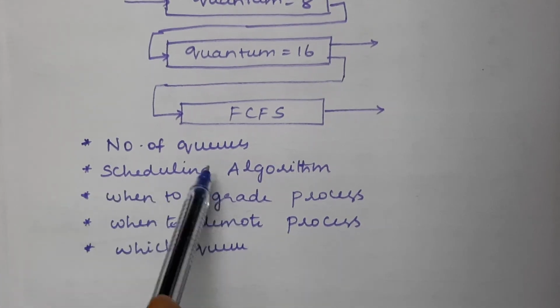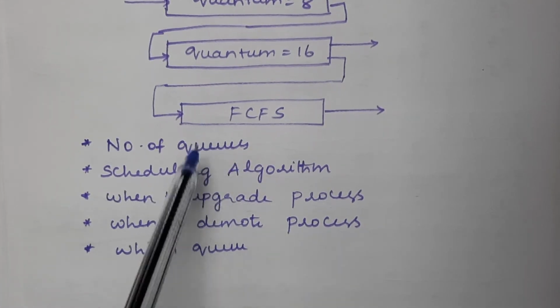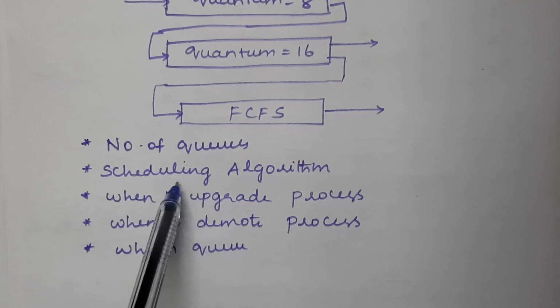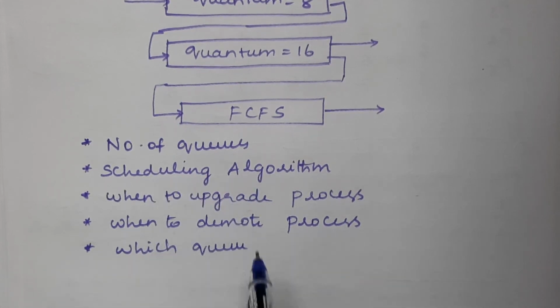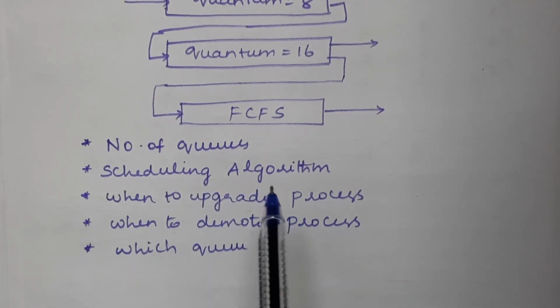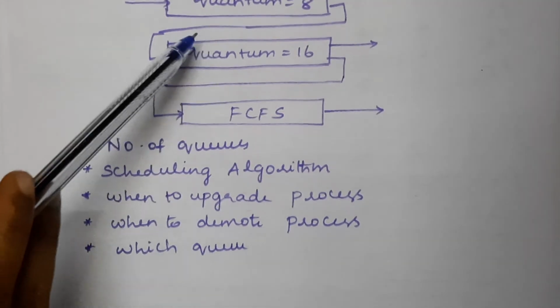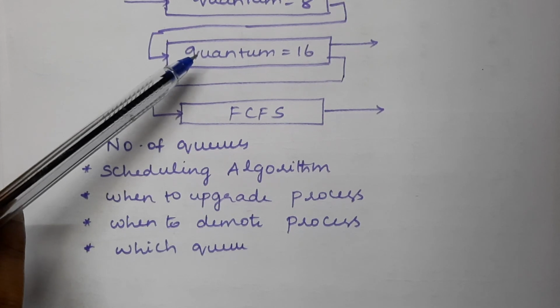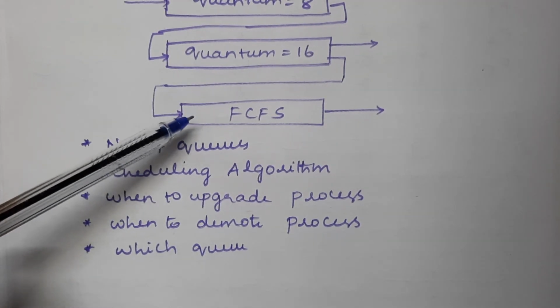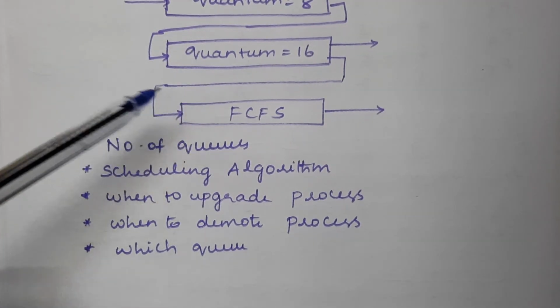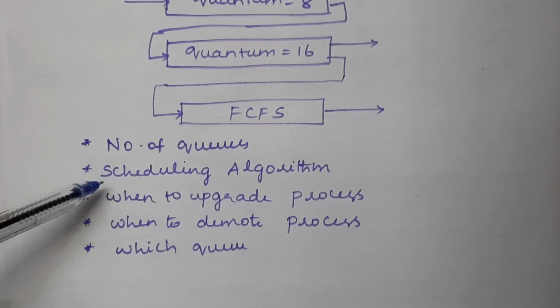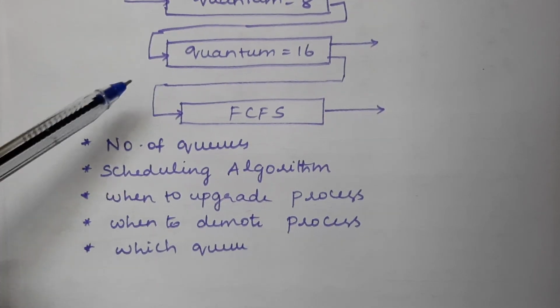So how many queues are we going to maintain? That is one parameter. The next one is what kind of scheduling algorithm you need to follow for different levels of queue. In this example, in the first two levels we followed round robin, and in the last level we followed FCFS. Like that, you have to mention which scheduling algorithms you are going to use at different levels.